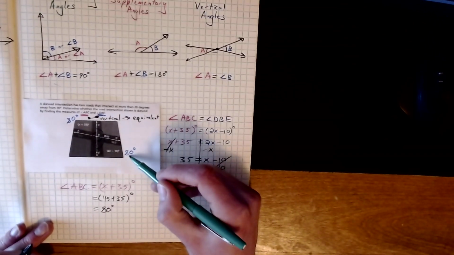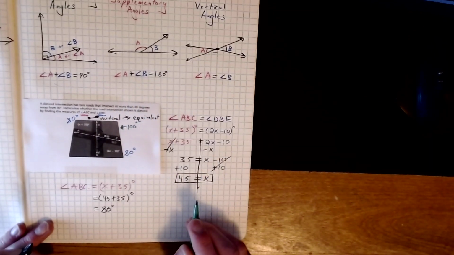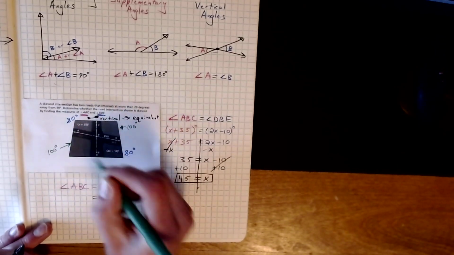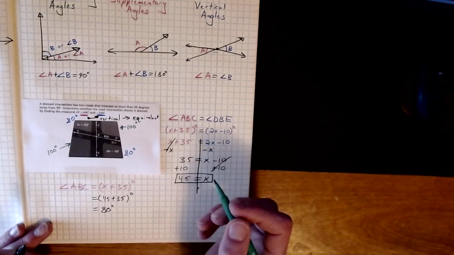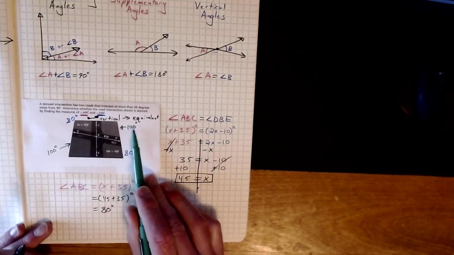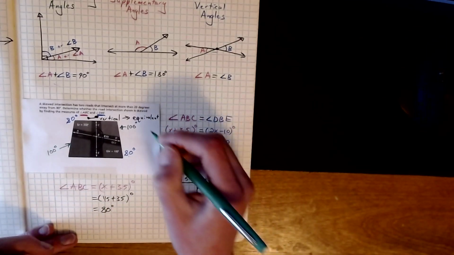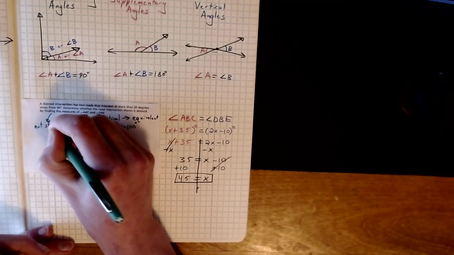So if this is 80, this must be 100 degrees to make it add up to 180. We also know this from a couple different ways, so you can do the same thing with supplementary angles, or vertical angles from here. But both of these are within 20 degrees of 90, so we will say this is not skewed.